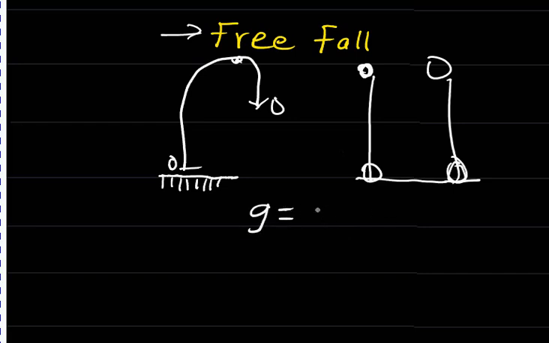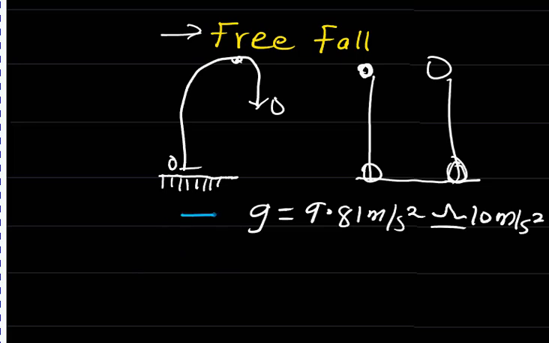According to Isaac Newton, this is approximately 9.81 meters per second squared, or sometimes some textbooks will abbreviate it to the nearest whole number, which is 10 meters per second squared. Whatever value you are given in the question, use it. Please take note of that.